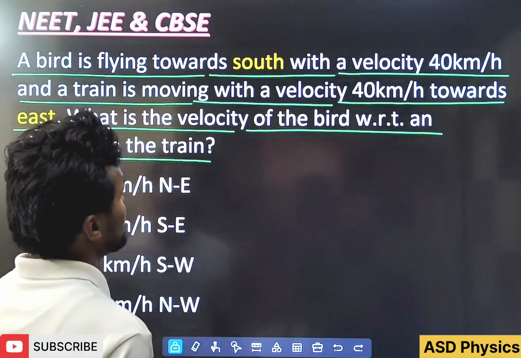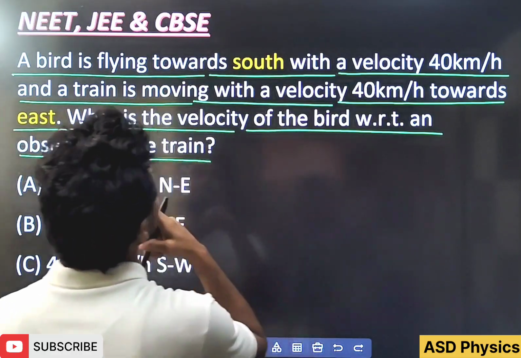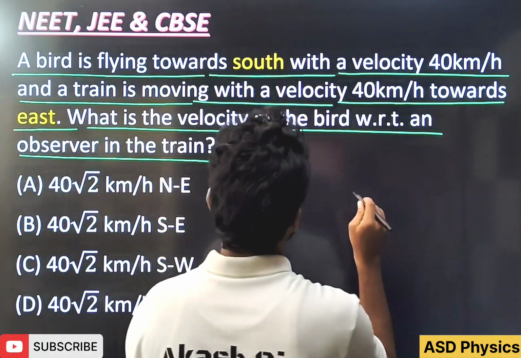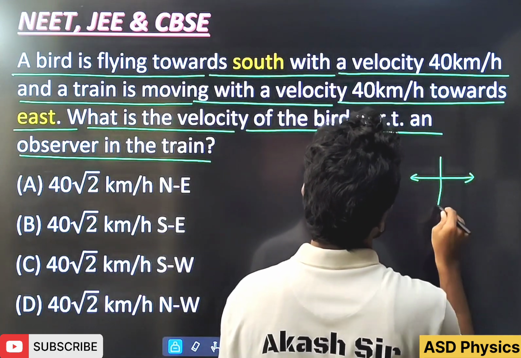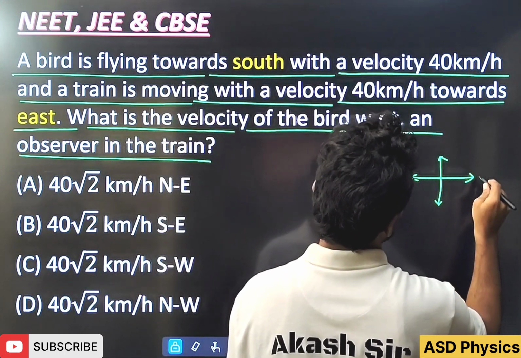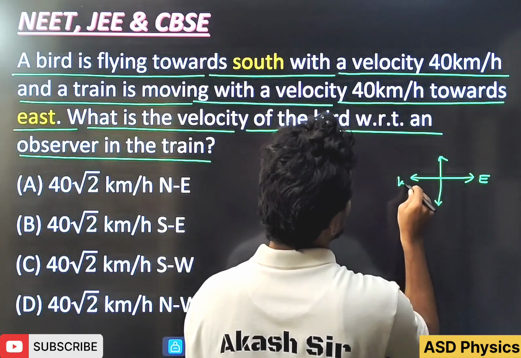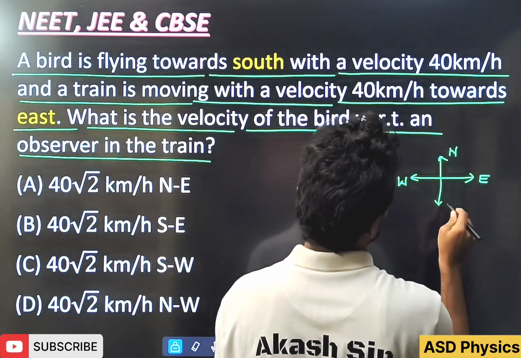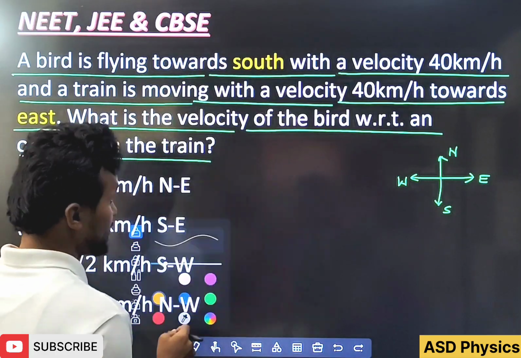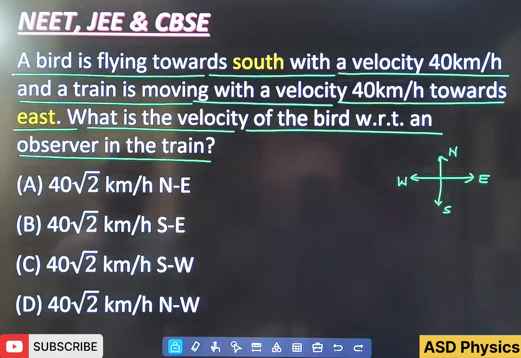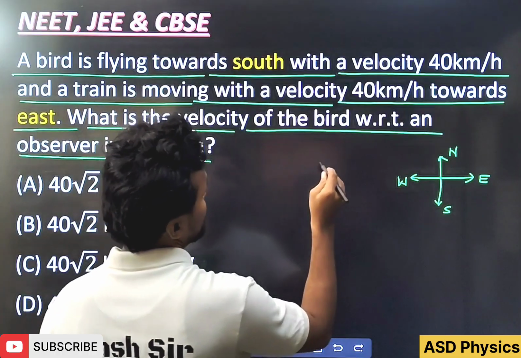Okay, so let's decode the question here. Here you can see very well, bird is flying in which direction? South direction. I will take here this basic. What is the basic? Sign convention. Basic sign convention is like this. You see, east, west, here north, and this is the south. No? This is the basic sign convention. Now, according to the question, what is given? Bird is flying in which direction? South direction. So kindly see here, please.